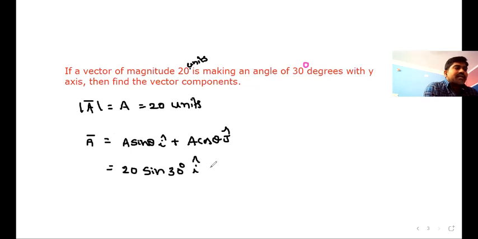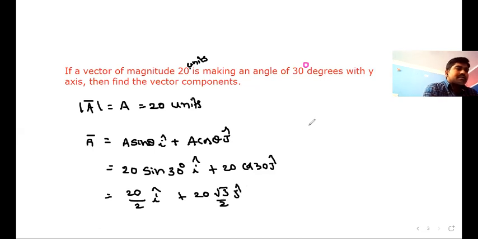So 20 sin 30 i cap plus 20 cos 30 j cap. Sin 30 is half only. So 20 by 2 i cap plus 20 into cos 30, which is root 3 by 2. So finally the answer is A bar equals 20 by 2, 10 i cap, plus 10 root 3 j cap.